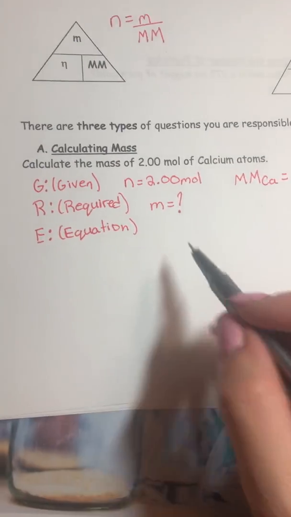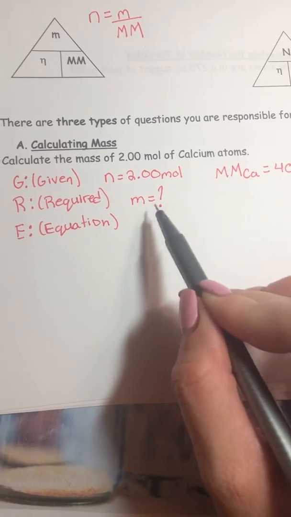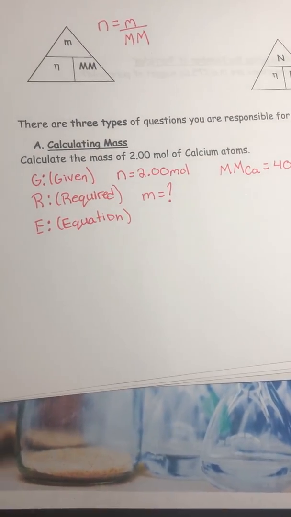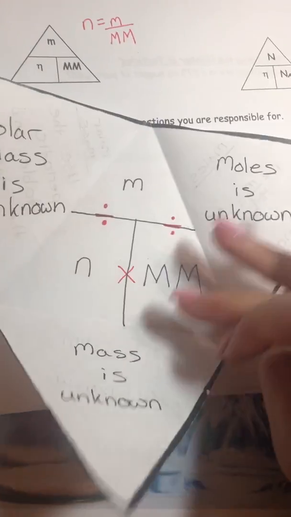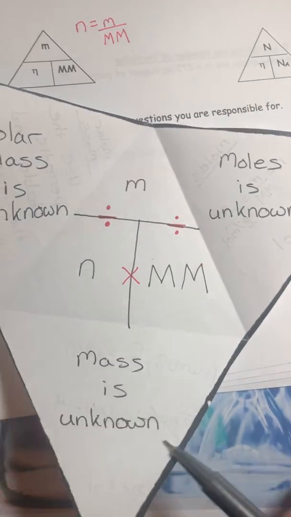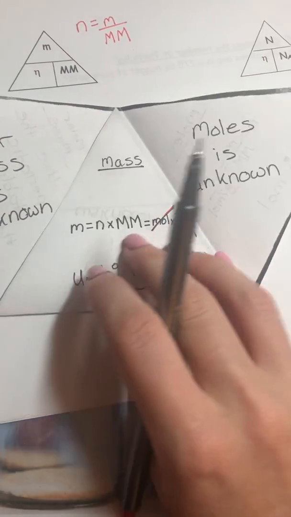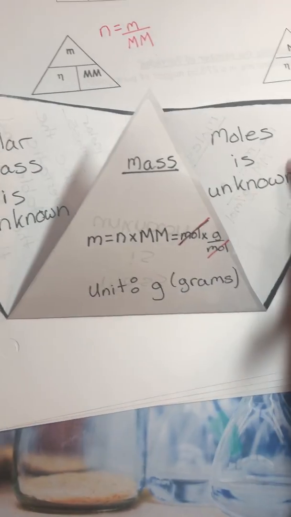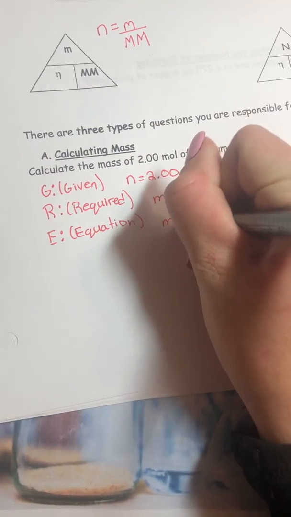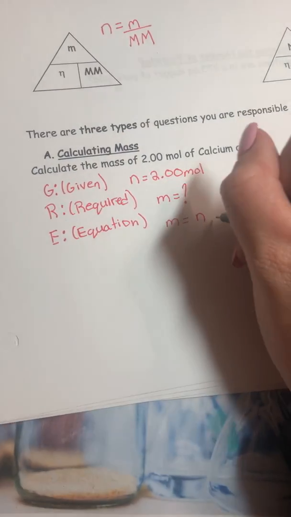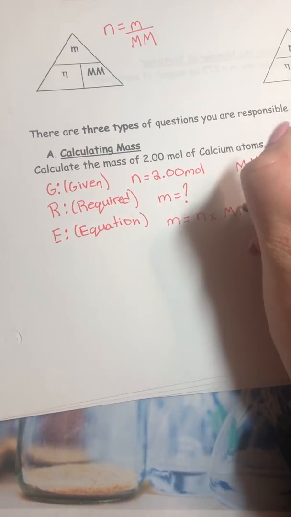Here we're looking for the mass, so mass is unknown. If you look at your triangle, mass is unknown, so we fold up mass and we'll see that our formula is moles times molar mass. So my little m is equal to little n times molar mass.